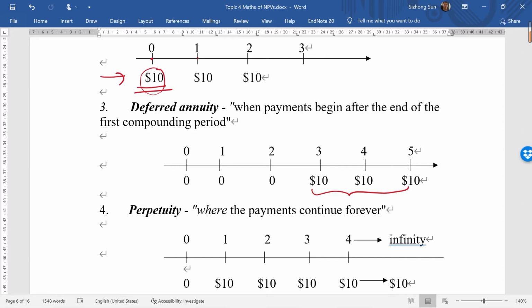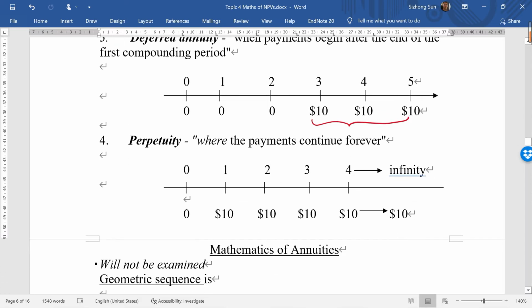If the payment continues forever, going to infinity, so a $10 payment every year forever, then we call this a perpetuity. Right, so we have these annuities, we have these perpetuities. Now the issue is, how can we find a formula to calculate the present value of these annuities and perpetuities?